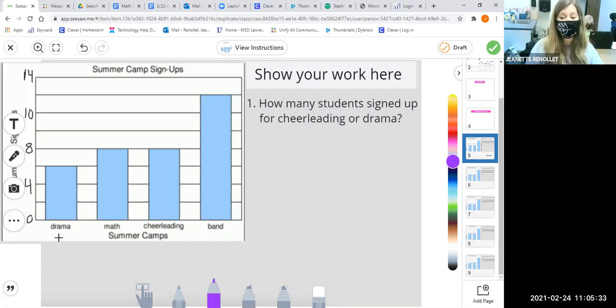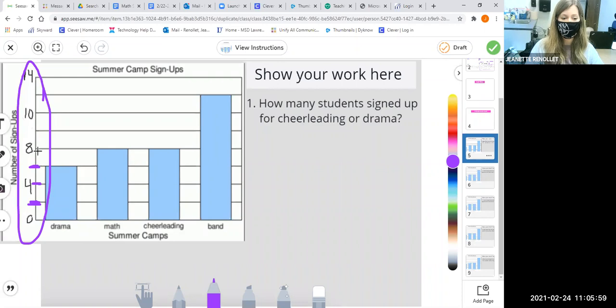Slide number 5 shows us a graph, and look all the way to the left at the numbers to see the scale. I notice it starts at 0, then there's a line, then it goes to 4. I notice then there's a line, then it goes to 8.